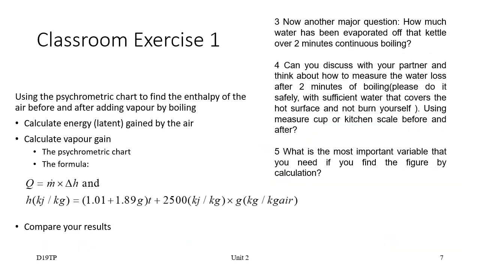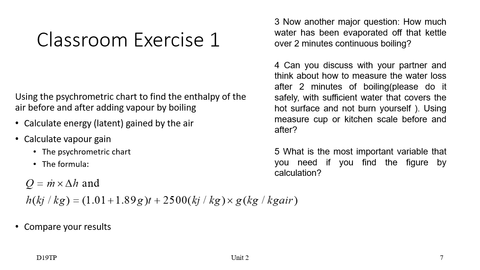Among all those 7 variables, the enthalpy can be a hard variable to understand. So therefore, let's look at this exercise. The psychrometric chart shows the enthalpy of a state of air.